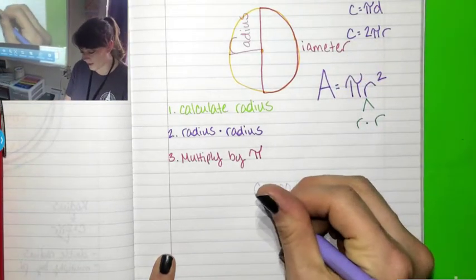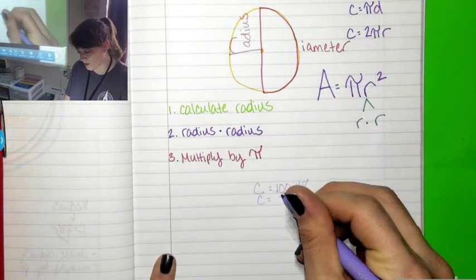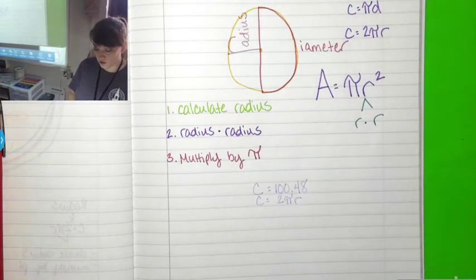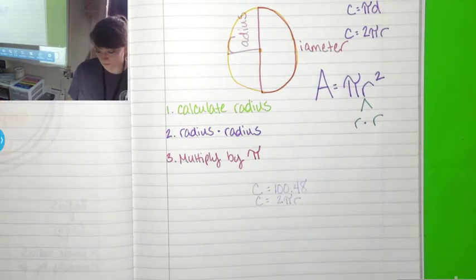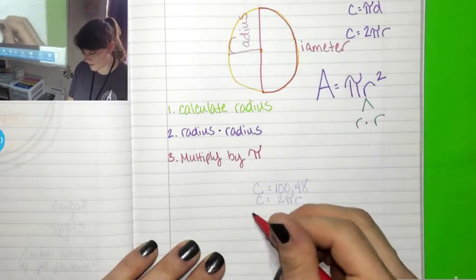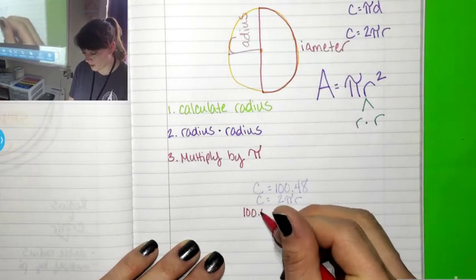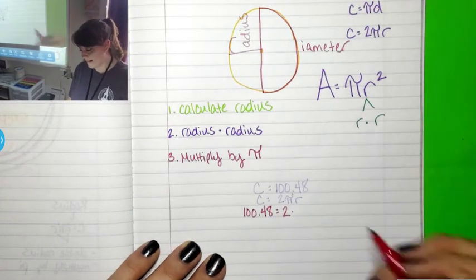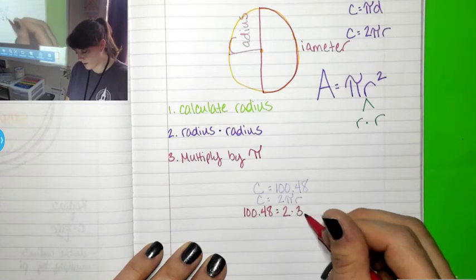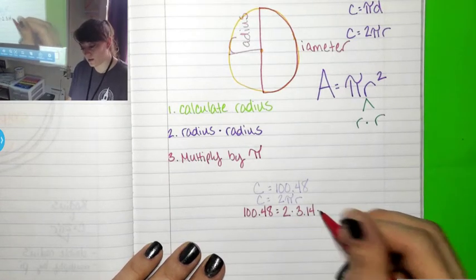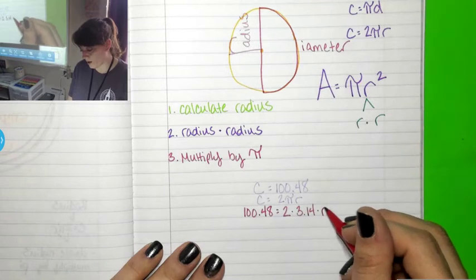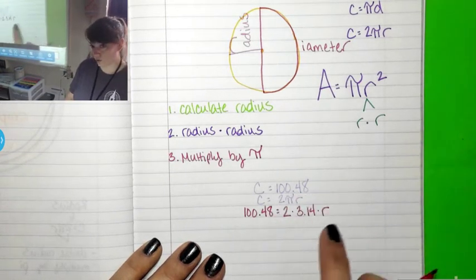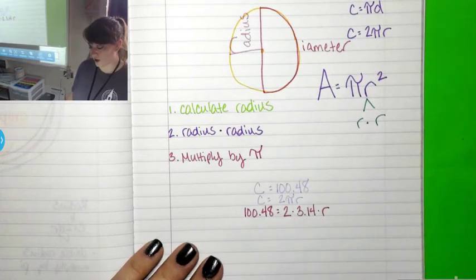So if the circumference is equal to 2 pi r, do you know circumference? Yes. Circumference is 100.48. We know 2. Do you know pi? 3.14. Do I know radius? No. So I'm going to put r. Is there anything on this side that I can do before I start solving?